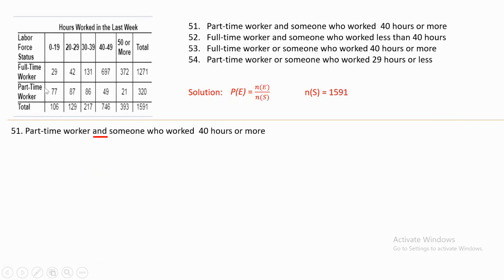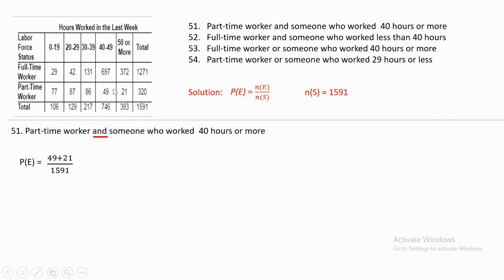So first of all, we go to part-time worker, which is going to be 320. But and, for the intersect, will be part-time worker and someone who worked 40 hours or more. So it's going to be these two here, because it's from the 320, but only part-time workers who work 40 hours or more, which would be these two only.